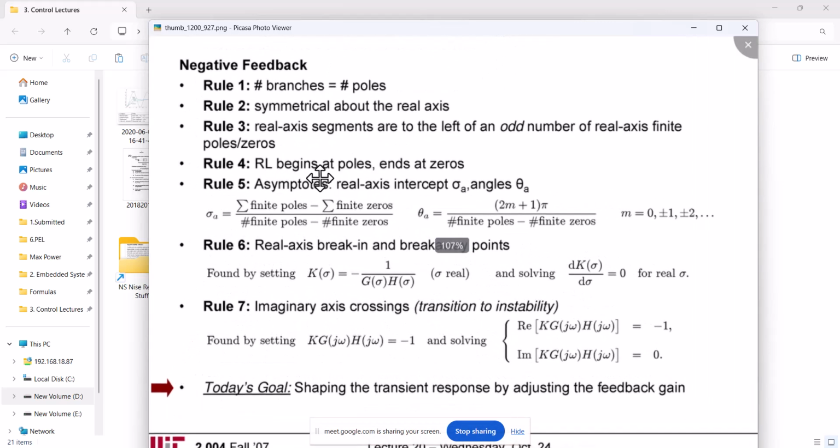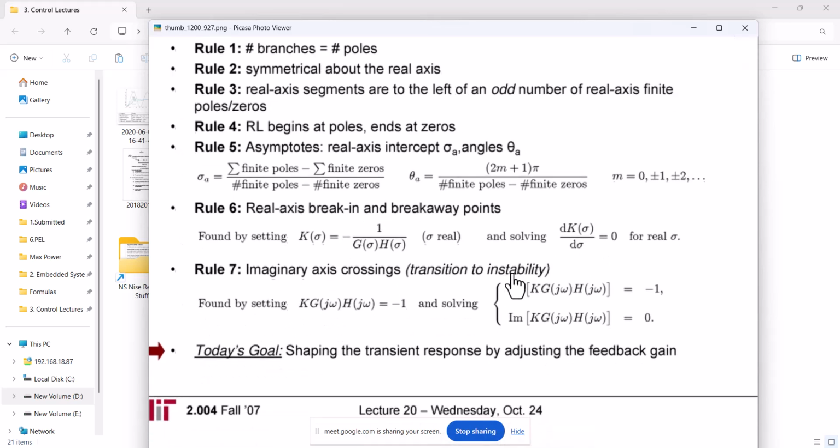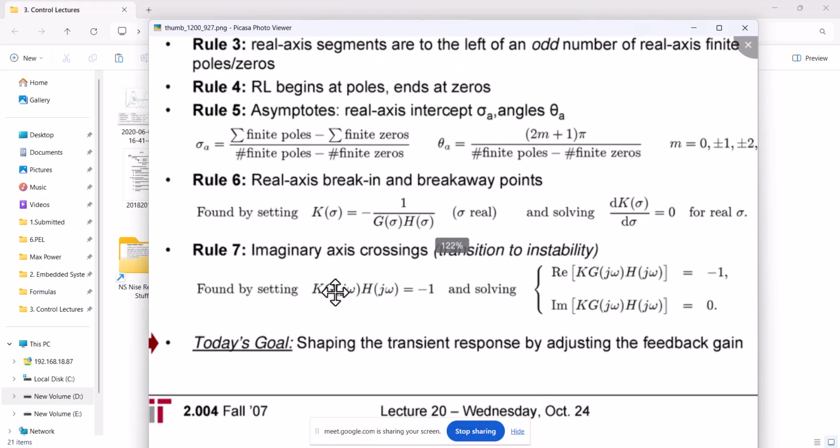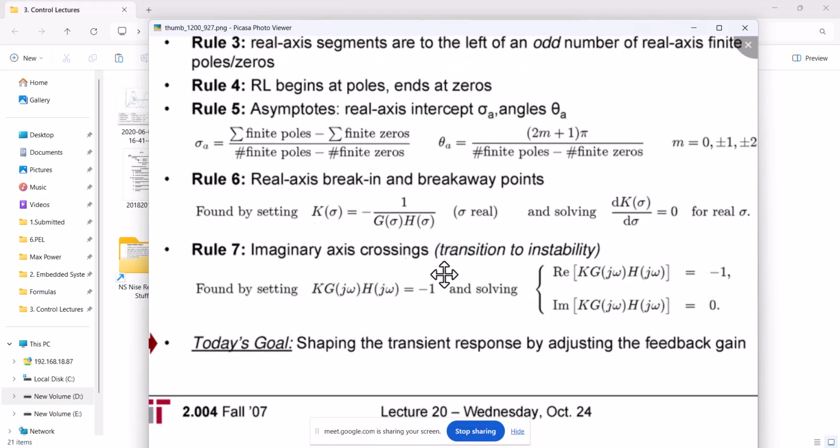The root locus begins at the poles, ends at the zeros, and this is the sigma a intercept, and this is the angle theta. Then the breakaway and break-in points from the real axis, and the imaginary crossings. Here you can see that k times G(s) times H(s) is equal to minus 1. That's the condition. The magnitude will be equal to 1. So this is how we will get the gain k.